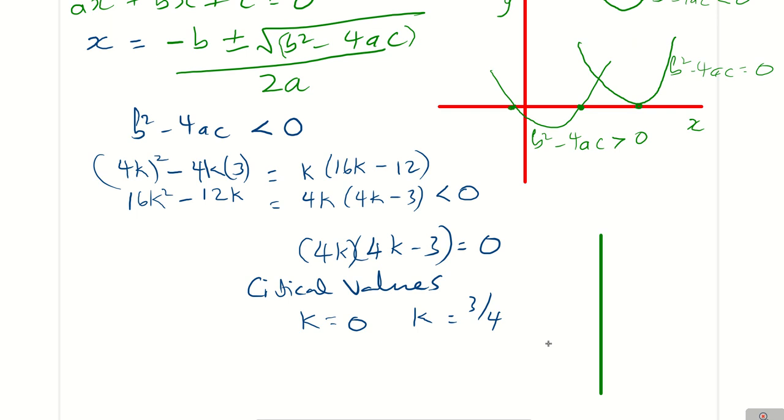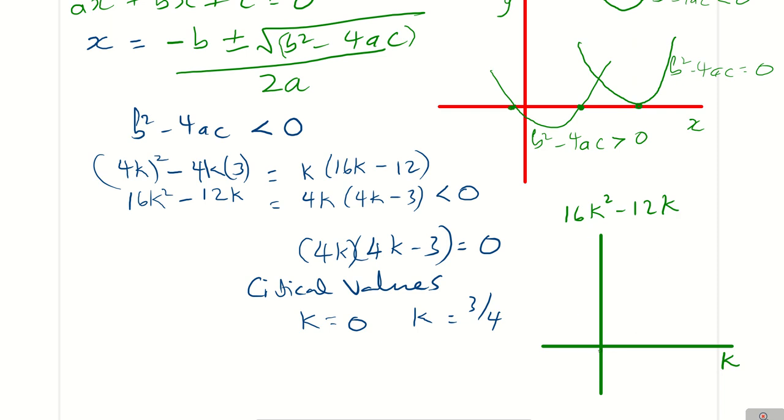If I sketch another graph, then imagine that these are our values of k here, and here we've got our 16k squared minus 12k, and what we want to find is when this, which is our b squared minus 4ac, is less than 0. So if we can sketch what this looks like, we can find where it goes below the x-axis, and those will be the range of values which will give us a negative value for b squared minus 4ac.